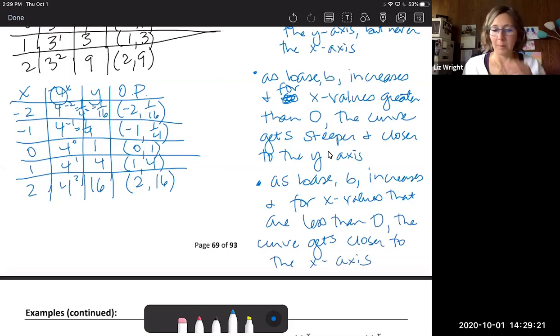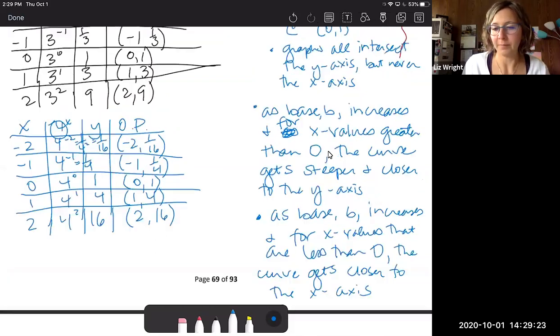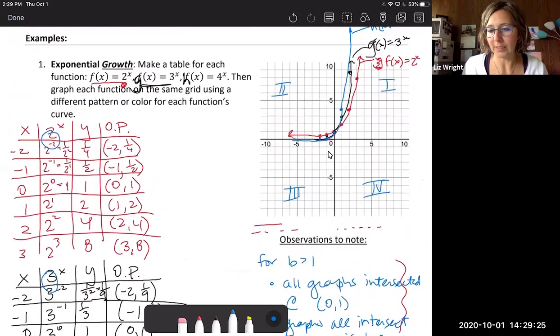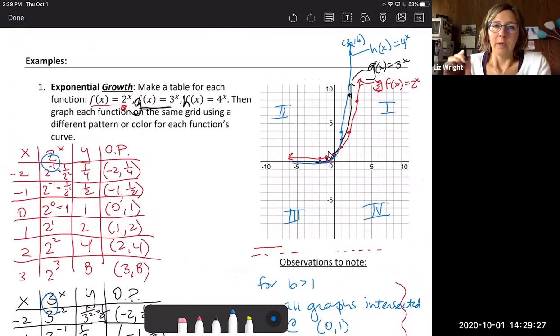All right, so what that's meaning is, I'm hoping you're noticing these trends. So as our base is increasing each time, looking from the red to the black to the blue, you should be noticing that it gets, and again, it messed up my graph when I scrolled, so none of those should look like they're crossing the x-axis.